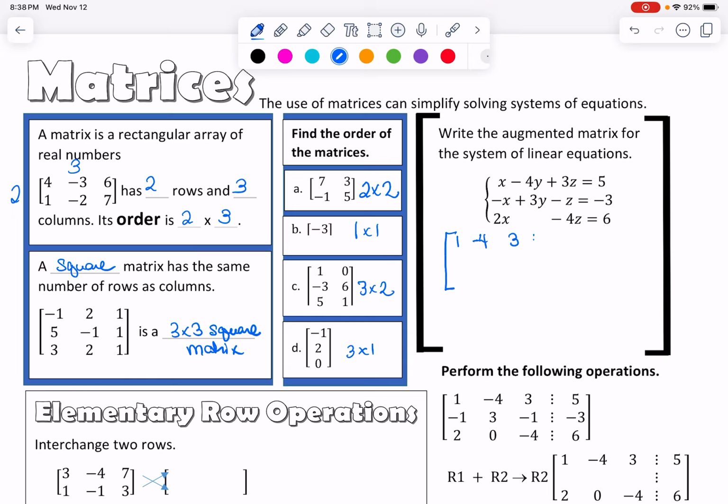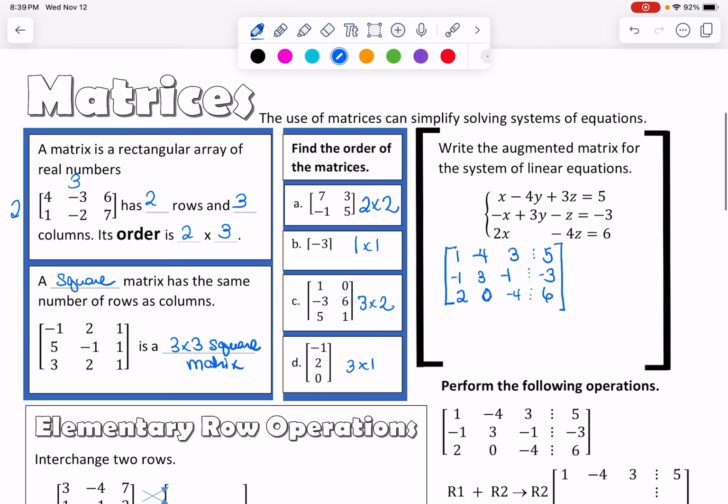And then we symbolize the equal sign with 3 dots and a 5, which is the answer to this equation in standard form. Then -1, 3, -1, with a -3. And finally 2, when we are missing the y, we hold its place with a 0, a -4, and then finally 6. That's an augmented matrix for a system of equations.